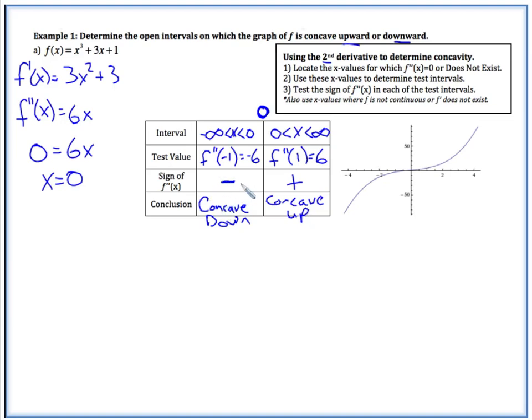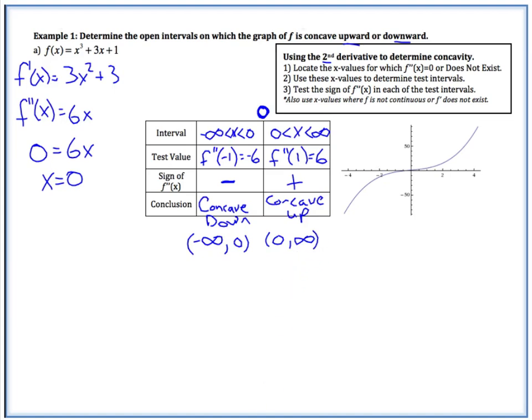So what this means is, if the second derivative is negative, it means the first derivative is always decreasing on this interval. And if the second derivative is positive, the first derivative is increasing on this interval, so we get concave down and concave up. Our concave down interval would be negative infinity to 0, and we write it as an open interval. And then it's going to be concave up from 0 to infinity.